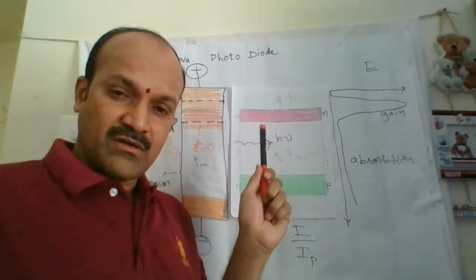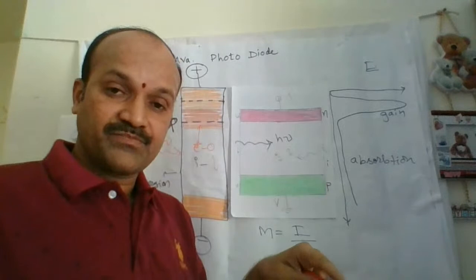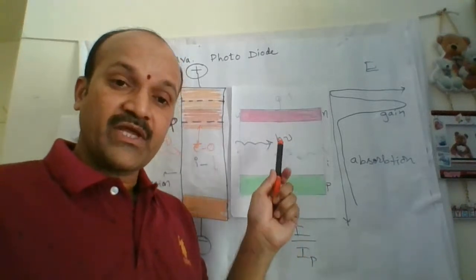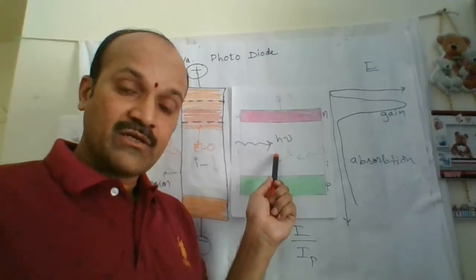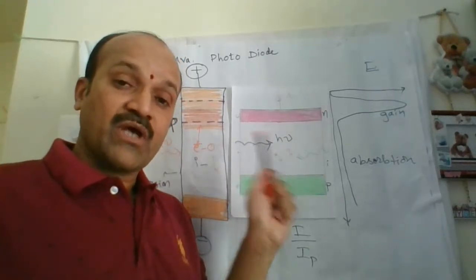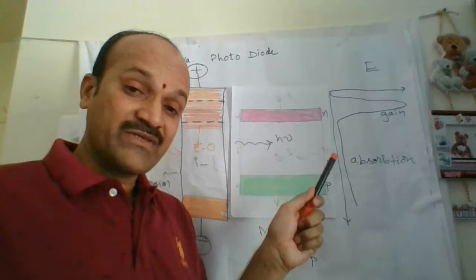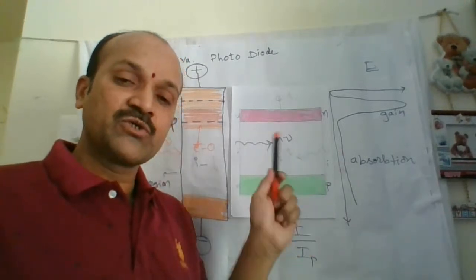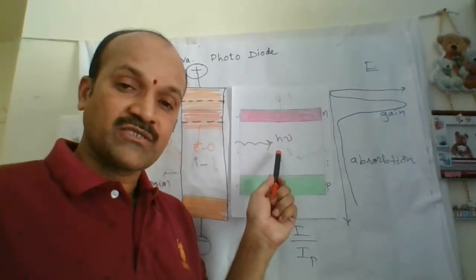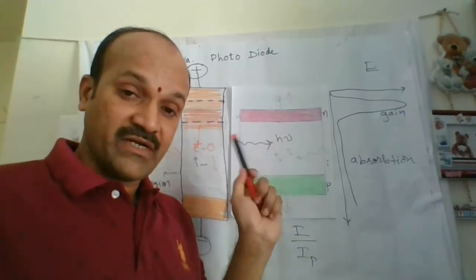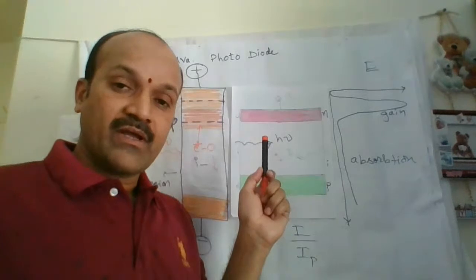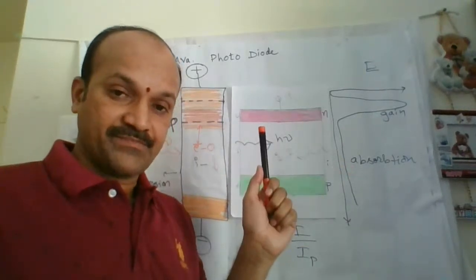That is called dark current. Even though light is not incident on it, some magnitude of current will be seen in the circuit. That is due to these minority charge carriers, because this intrinsic region is wider.